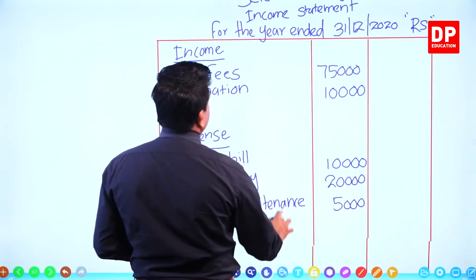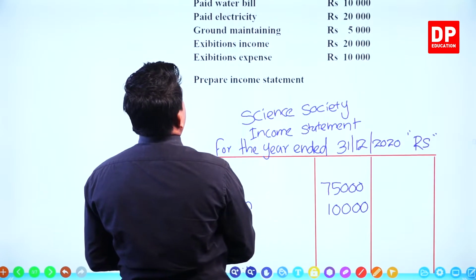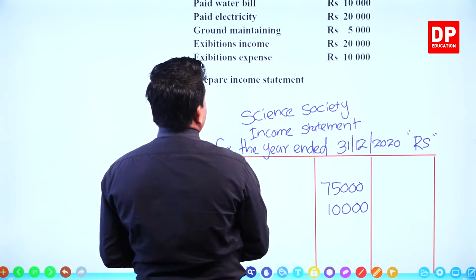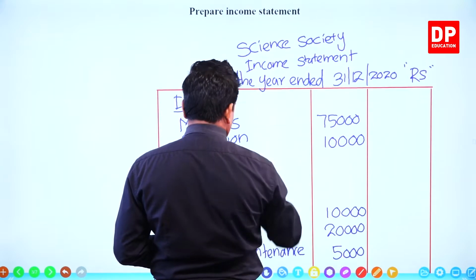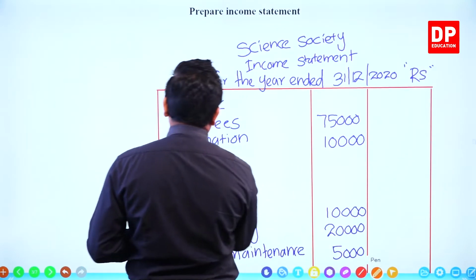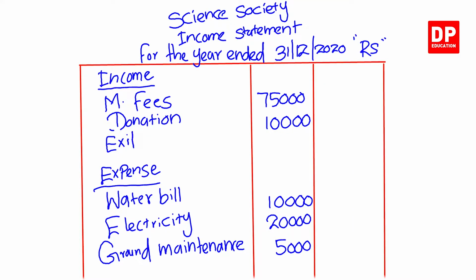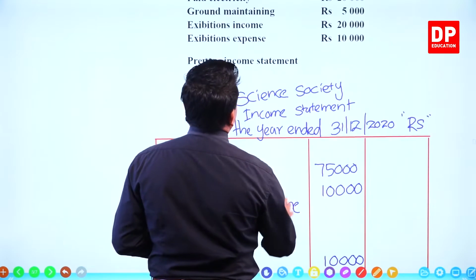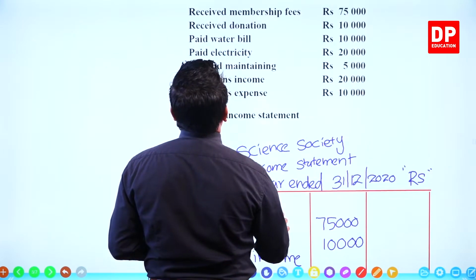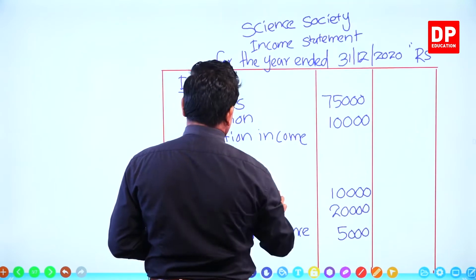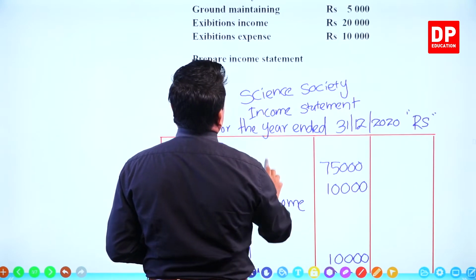What's the other one? Exhibition income 20,000. It's an income, right? See the value, 20,000.